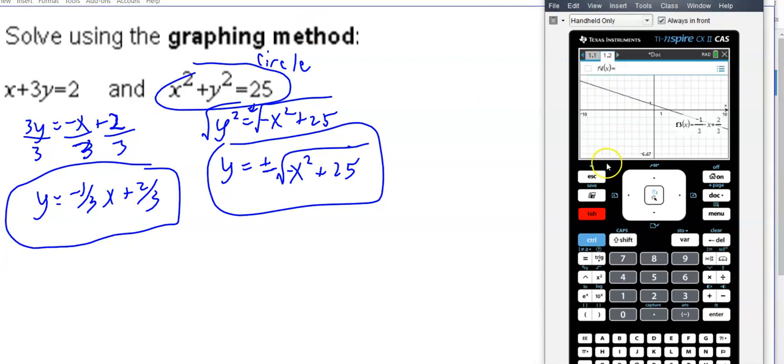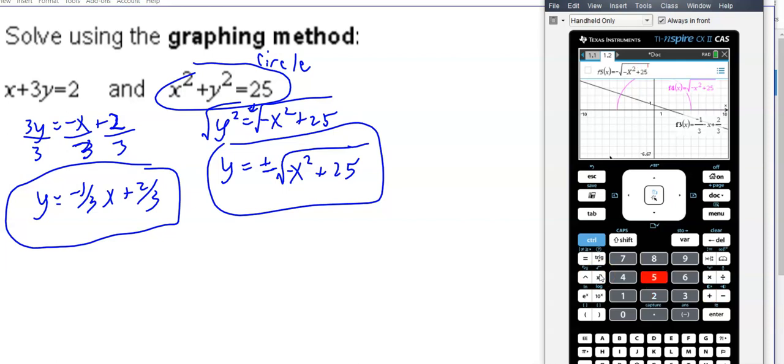The first one is going to be the positive case: the square root of negative x squared plus 25. And I'm going to graph the next function. This one is negative: negative square root of negative x squared plus 25.